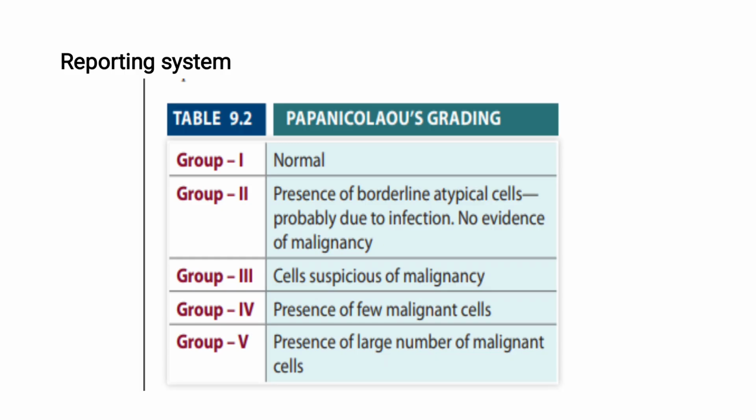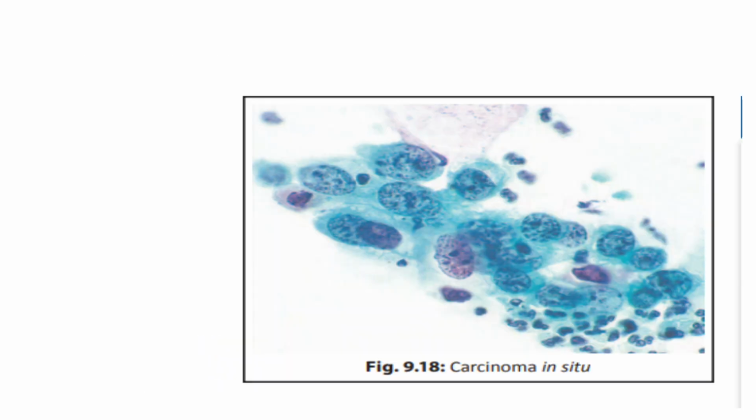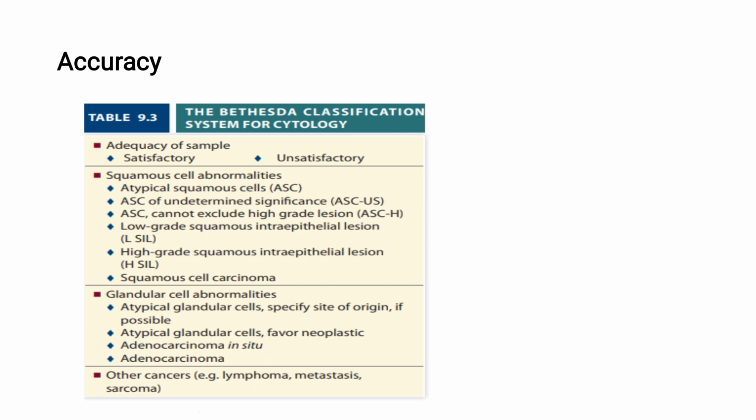Group 1 normal. Group 2 presence of borderline atypical cells probably due to infection, no evidence of malignancy. Group 3 cells suspicious of malignancy. Group 4 presence of few malignant cells. Group 5 presence of large number of malignant cells. This is carcinoma cells.